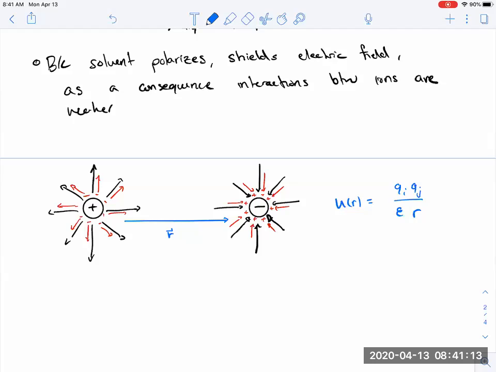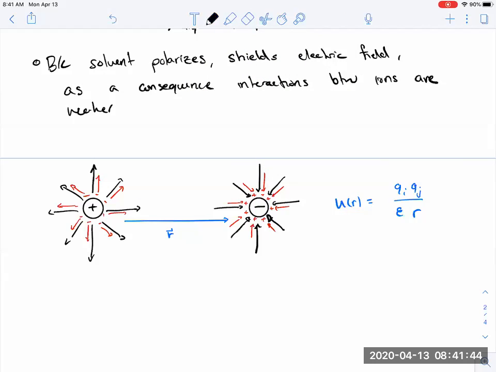And so from the perspective of the ion-ion interactions, the effective electric field that they feel after that shielding occurs is reduced by a factor of 1 over epsilon from that bare interaction. So ions interact more weakly in the presence of a polar solvent or a dielectric than they would in the vacuum.